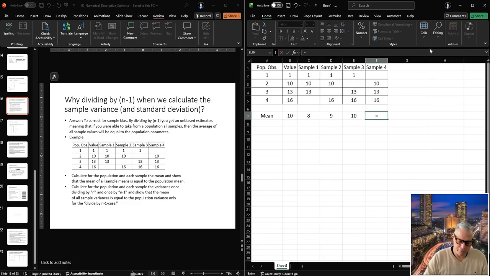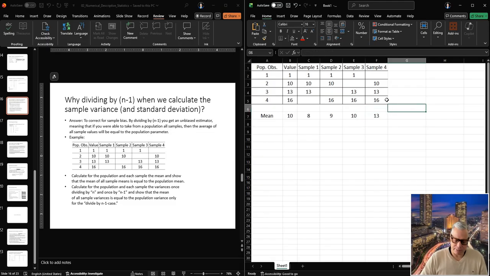And sample 4 has an average of 13. Now what makes the mean an unbiased estimator?